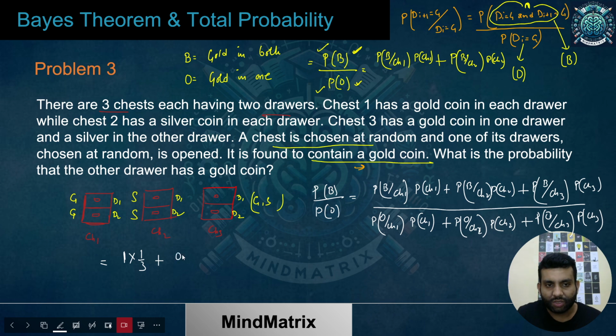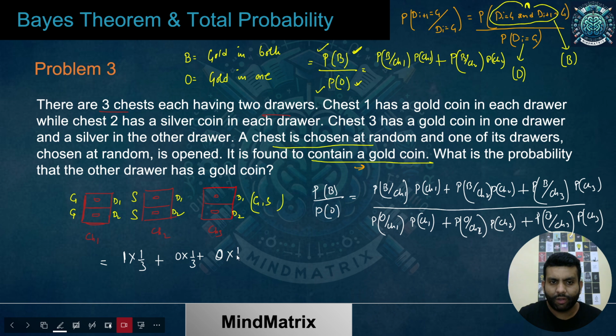So it's 0 into 1 by 3 plus, what is the probability of getting gold in both coins if chest 3 was chosen? Again the probability is 0, because in one there is gold, but in the other there is silver. I'm looking for gold in both, so that is 0.